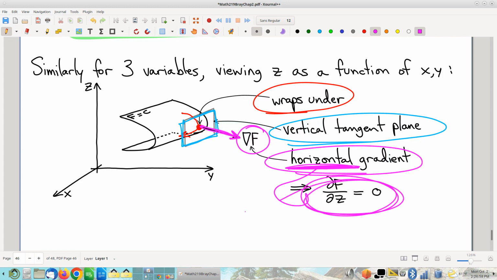And so again, we get this same sort of a connection. If you have a problem, the z partial has to be 0. Let's say that backwards and upside down. If the z partial is not 0, then you don't have a problem.